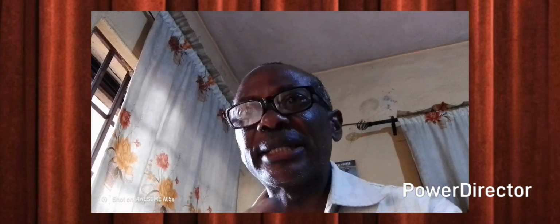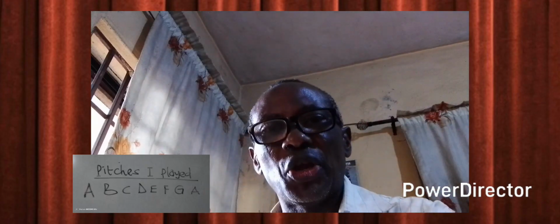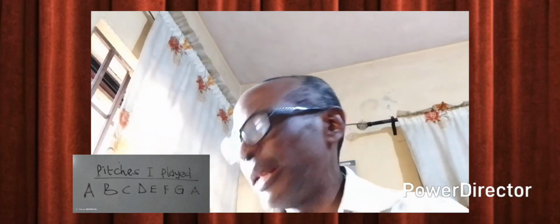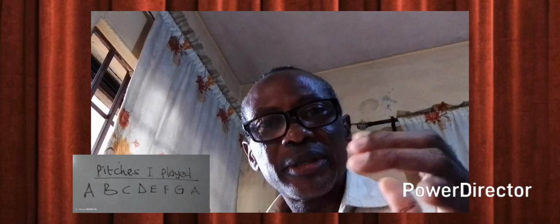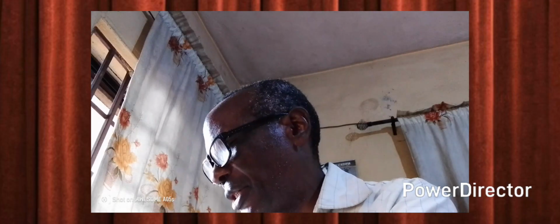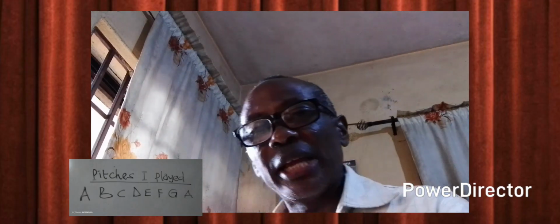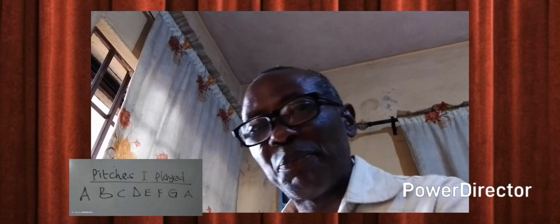write down these letters, A, B, and the rest, in your notebook. Then follow these as I sound them on the piano. A, B, C, D, E, F, G, A. This is not exactly the pitch I'm giving.